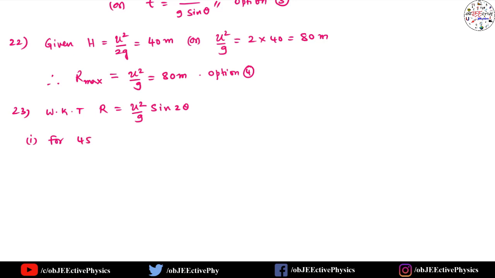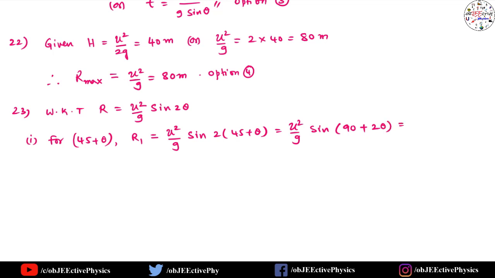For 45 plus theta, if we take 45 plus theta in the place of theta, then what happens? The range R1 is equal to u square by g into sine 2 into (45 plus theta), that is equal to u square by g sine (90 plus 2 theta).